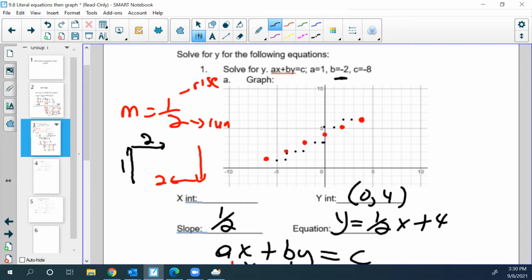I'm going to keep on doing that until I get over the x-axis. Down 1 over 2. And my last one is going to be down 1 over 2. So if you notice now, if I draw a line, that line is going to cross the x-axis at -8. So that's my x-intercept.